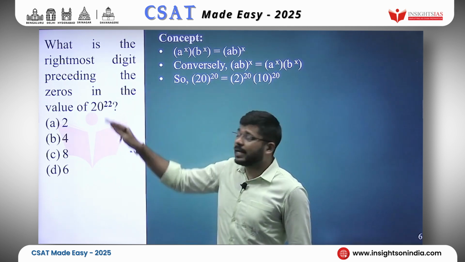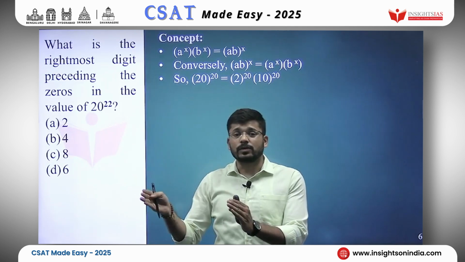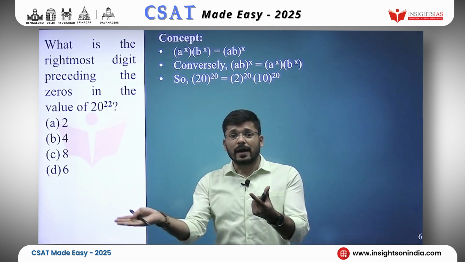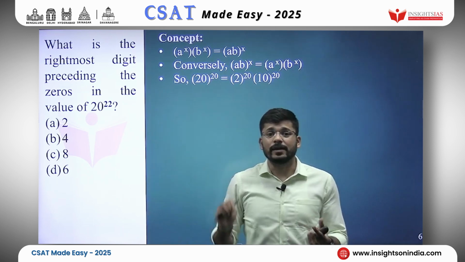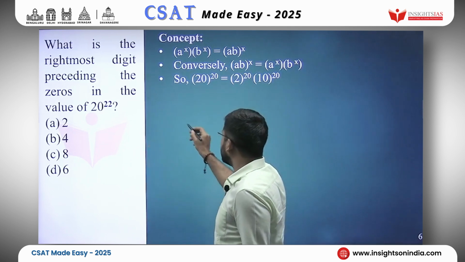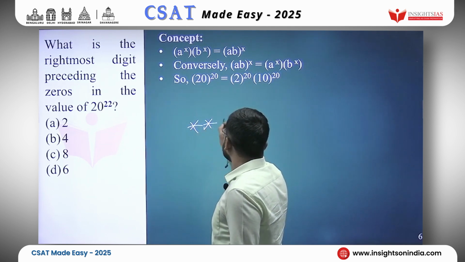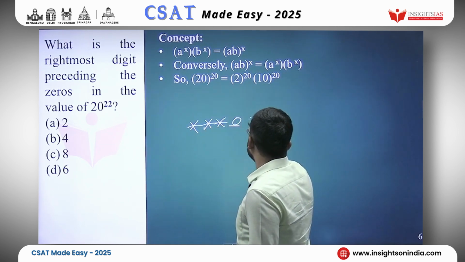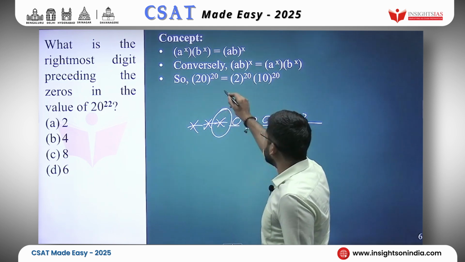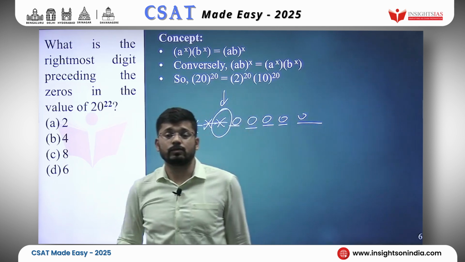They are already telling us that in the end there will be some zeros, and they are telling us to find the non-zero digit after the zeros are done with. For example, let's say this value will be something like this, and then 0, 0, 0, 0, 0.